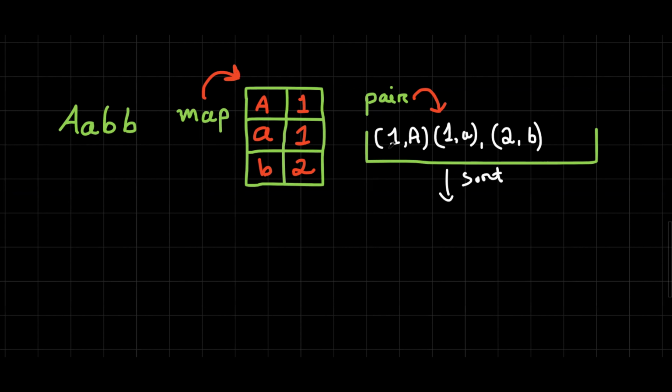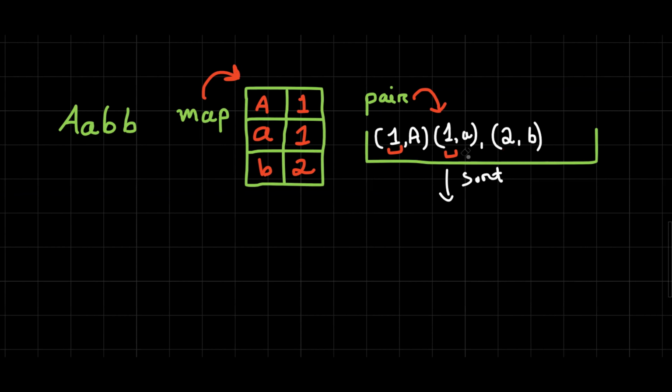So here the first elements are 1, 1 and 2. So 1, 1 and 2 is already sorted. So after applying the sorting operation, we can say that these pairs will remain the same.